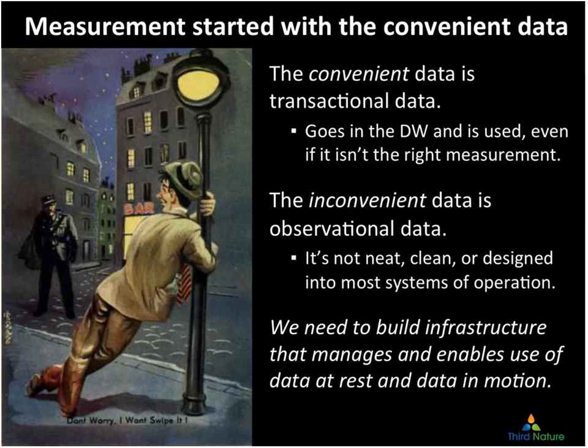And what we've got now is this sort of convenient transactional data which goes into the data warehouse, and it's like the old joke about the drunk who loses his keys, but he looks for them under the street light because that's where the light is. Well, that's how we've set up measurement programs. And we have all of this flowing data, much of which is not recorded because of the low value of the data in and of itself compared to the cost of having to store all of that data.